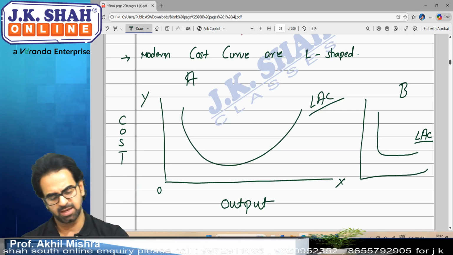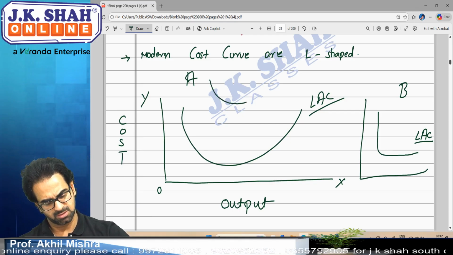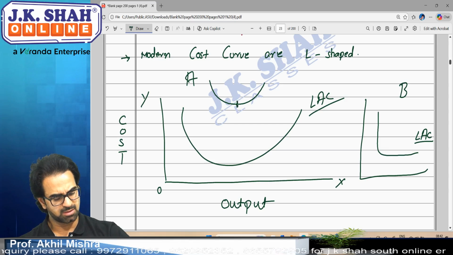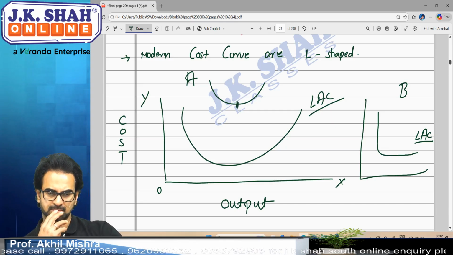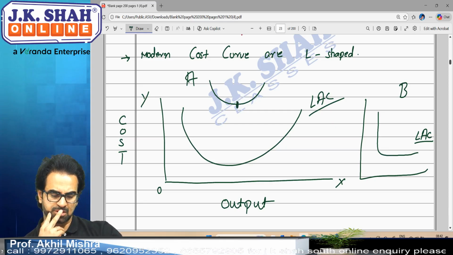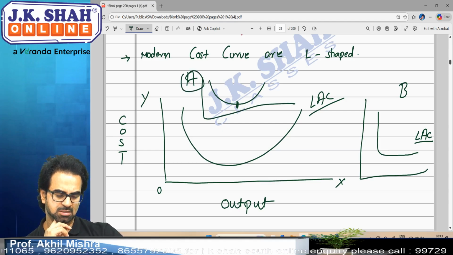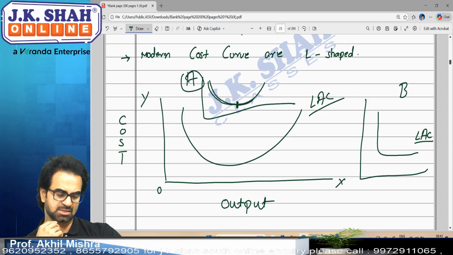If you see the A one, cost starts from top, comes down, down, down, and then again it starts rising. So here the company has more output but high cost. After coming down, it starts rising again in the long run.